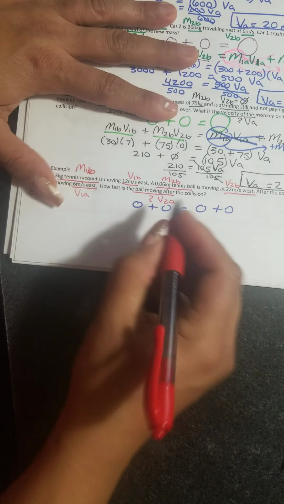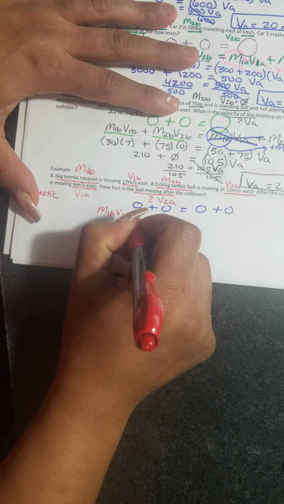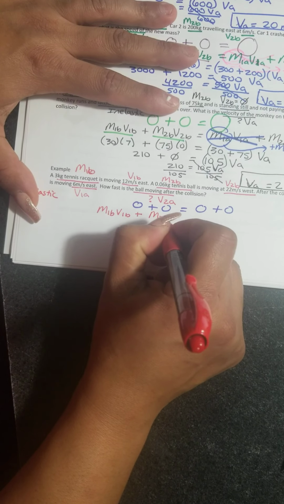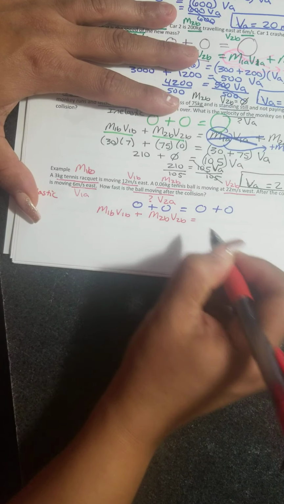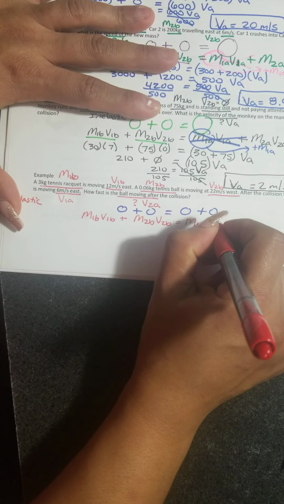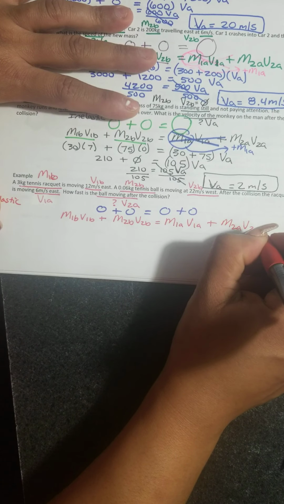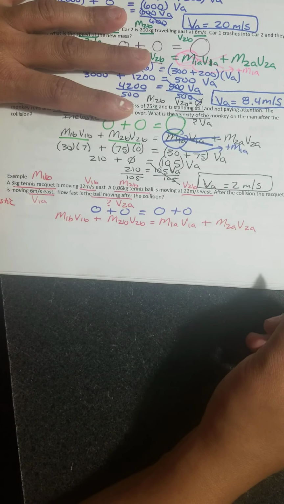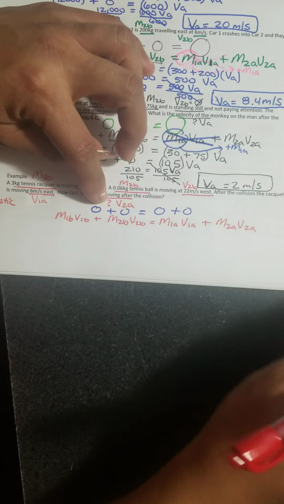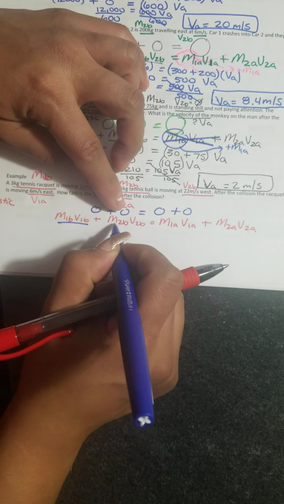So let's go ahead and write that in. M1B V1B plus M2B V2B collides. And now we have M1A V1A plus M2A V2A. So there's the full written out equation that correlates with our drawing. Object number 1 plus object number 2 collides and they end up with object 1 and 2 separated.